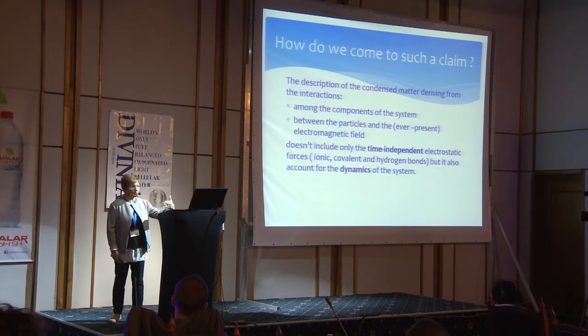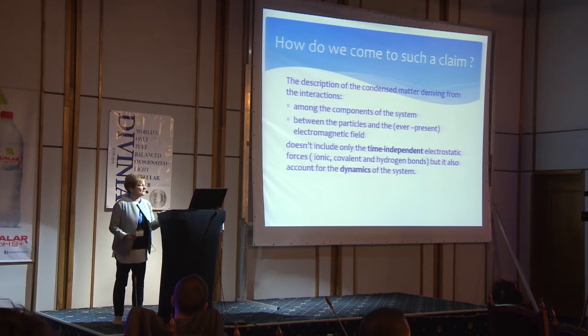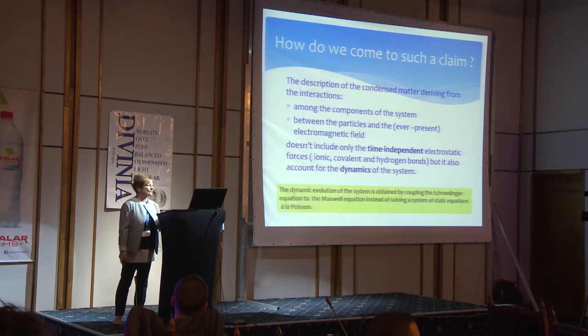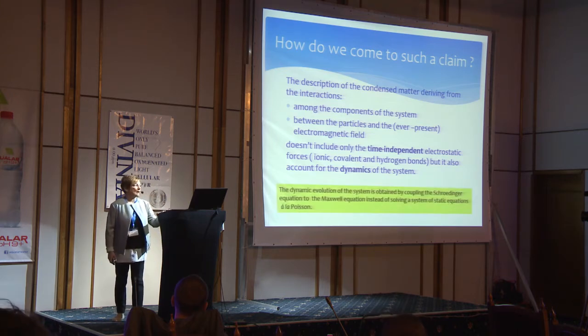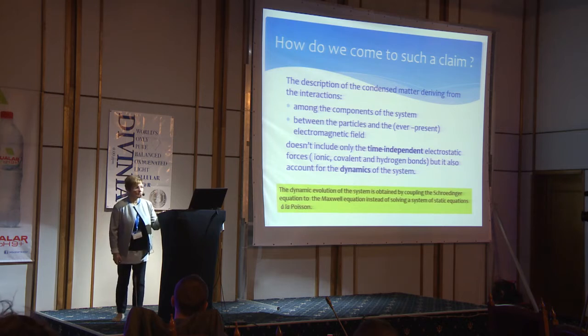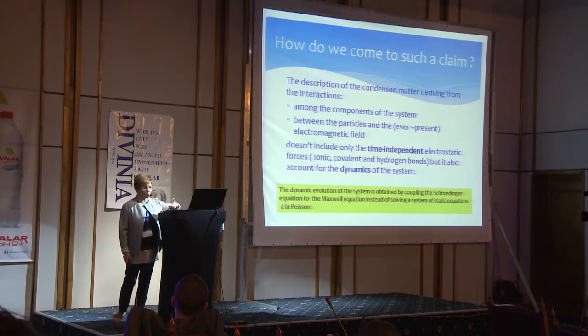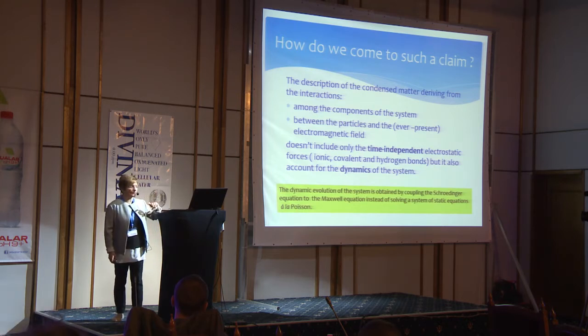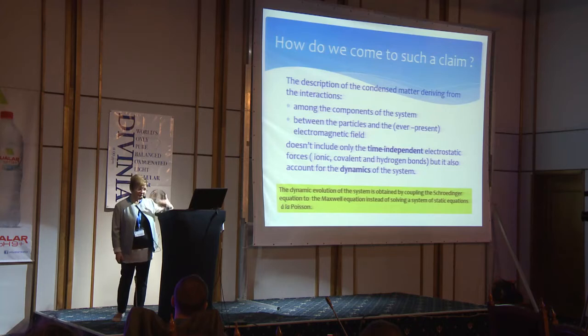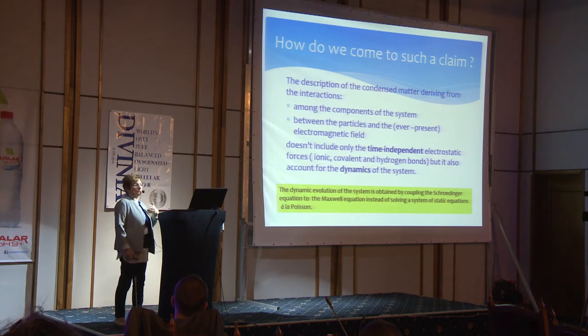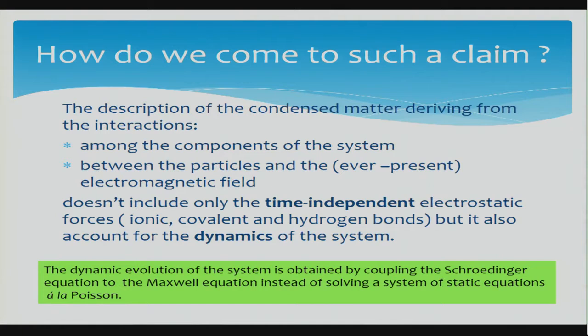In technical terms, if we want to describe the dynamic evolution of the system, we have to couple the Schrödinger equation with the Maxwell equation, and we have to solve these systems. The solution of these systems produces the existence of long-range forces which account for the structure of the condensed states.